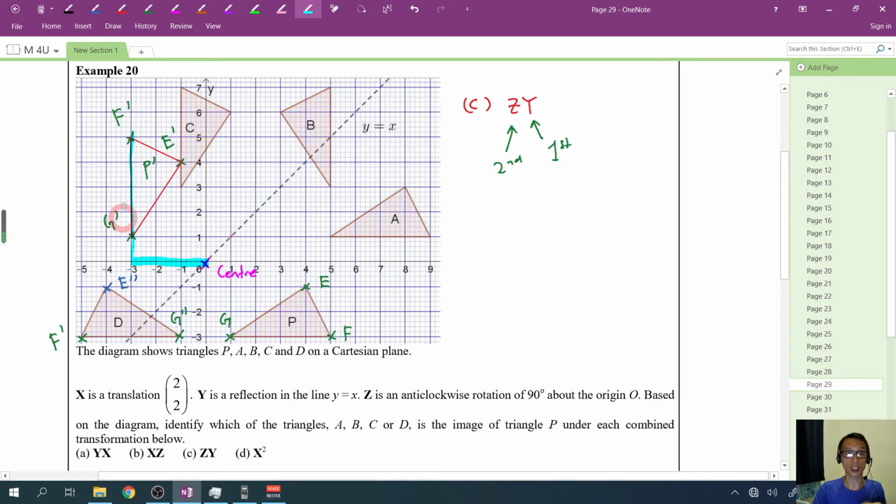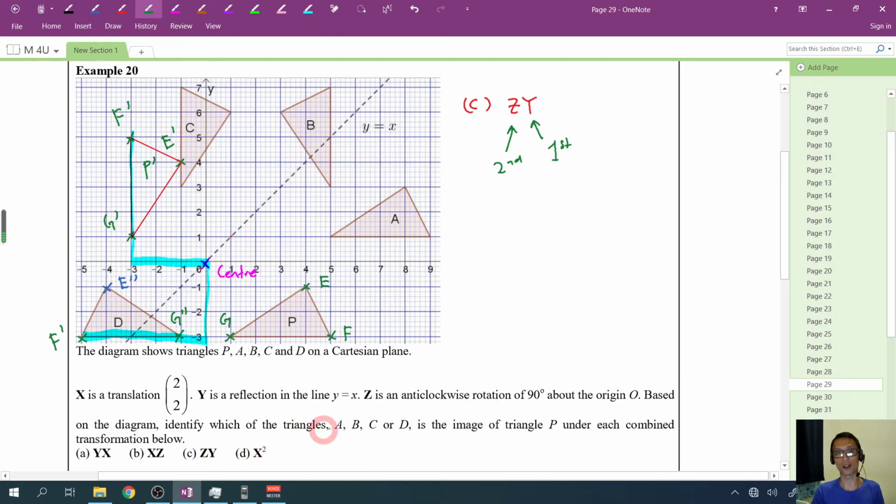So I'm going to rotate this L shape anti-clockwise 90 degrees. 3 5, right? 1 2 3, 1 2 3 4 5. You see, we get exactly the same position. Now we know that triangle D is the image of triangle P under the combined transformation ZY.